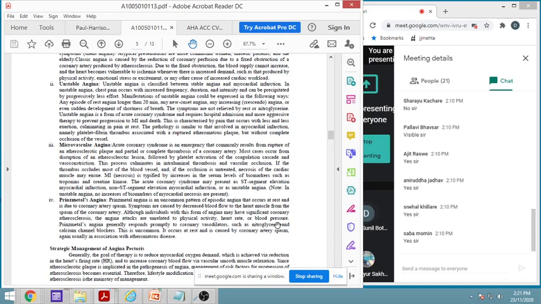But when the heart cells are damaged, these agents are now available in the blood, and because they are present in the blood, their levels are increasing. So there are many such biomarkers.